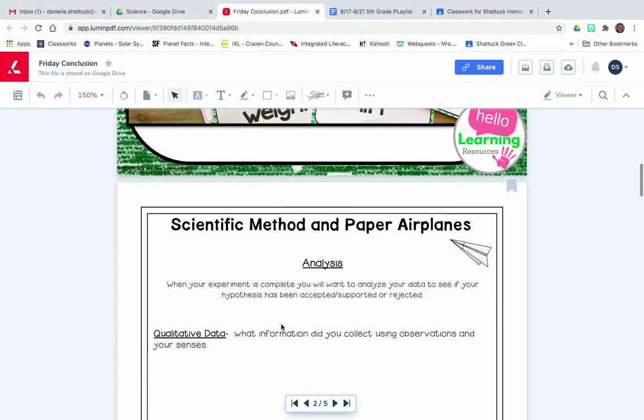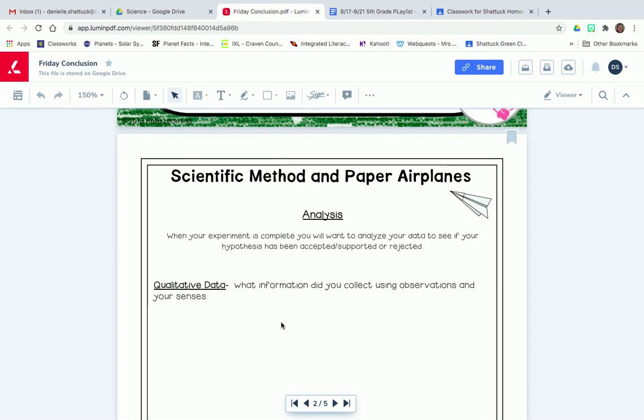And then we had different variables, like if we added a paper clip to it, those could be changed. The independent variables: what causes the change? I changed the wings, I added a paper clip, I made it out of different paper.